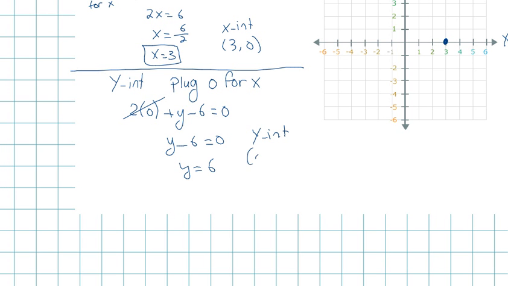So let me recap this. Plug in 0 for x, and I want to solve for y. 2 times 0 is 0, so I don't have to worry about this. I only have y minus 6 equals 0 left. Brought the negative 6 over, and it becomes a positive 6 because I'm isolating for y.